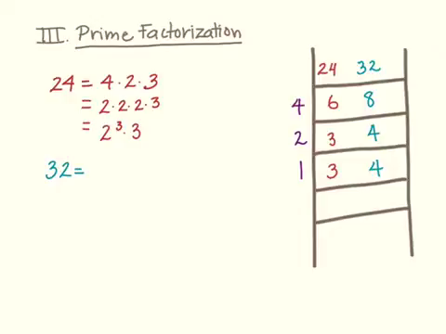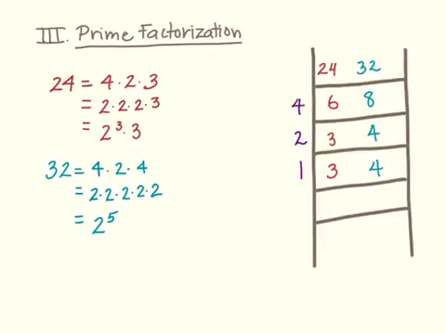And so, writing those, we will break down the two 4's into 2 factors of 2 for each of them. And we end up with 32 is 2 to the 5th power. The prime factorization of 32 is 2 to the 5th power.